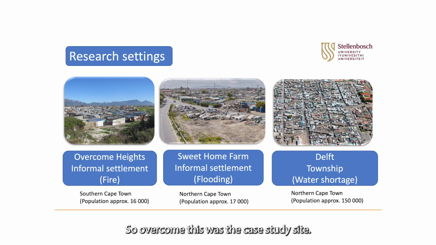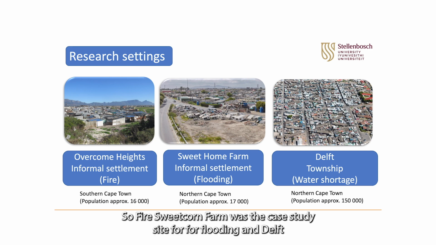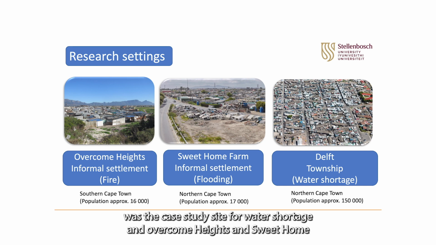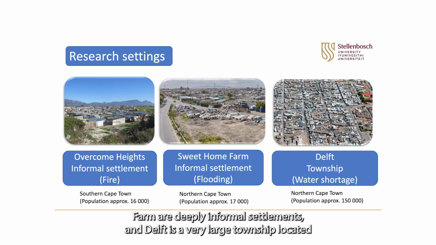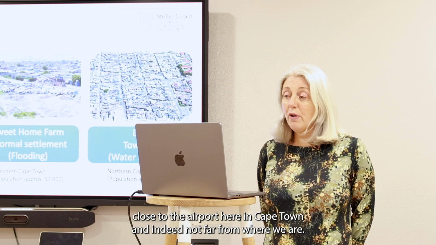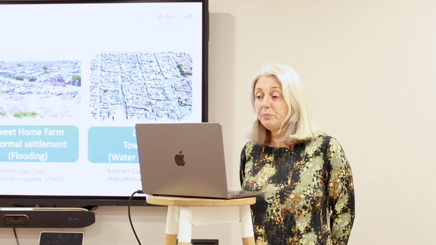So Overcome Heights was the case study site for fire, Sweet Home Farm was the case study site for flooding, and Delft was the case study site for water shortage. Overcome Heights and Sweet Home Farm are deeply informal settlements, and Delft is a very large township located close to the airport here in Cape Town, and indeed not far from where we are at the BMRI.